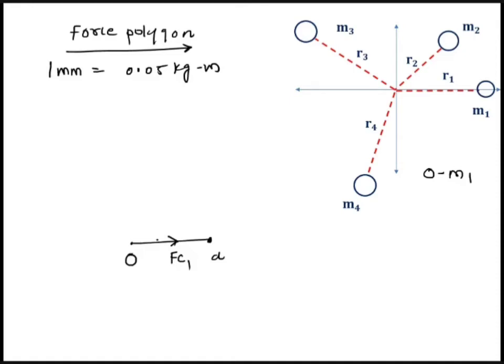Try to understand. Okay. Now next, parallel to OM2, from the point O. So this will indicate B. So this vector AB indicates FC2. Now parallel to OM3, vector BC.